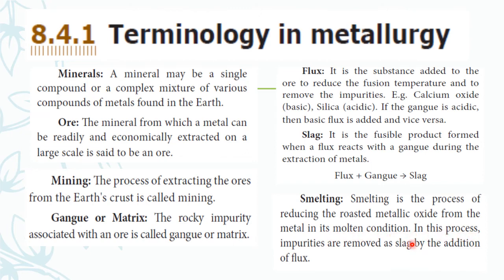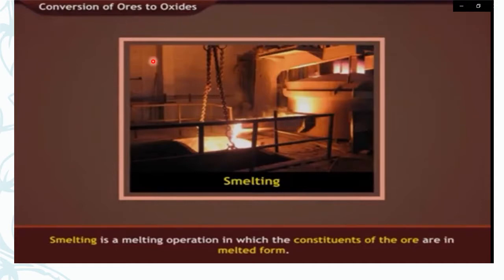In this process, impurities are removed as slag by the addition of flux. See here, this is smelting. So it is a melting operation in which the constituents of the ore are in melted form.